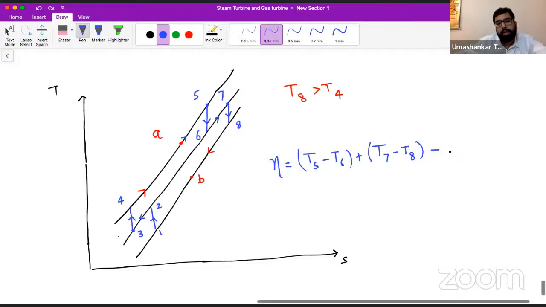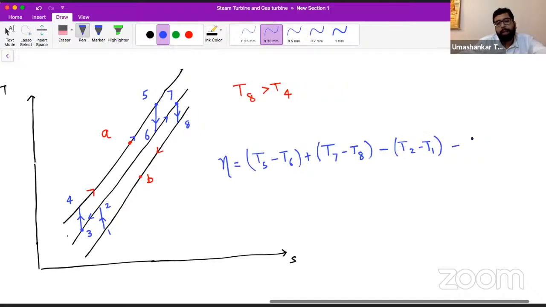Let's say we have two compressors, so two works we are having. I have already taken Cp common, so it will be cancelled out. So this is compressor work of 1, T2 minus T1, and T4 minus T3 is compressor work of 2. No memorizing required, just the basic concept.